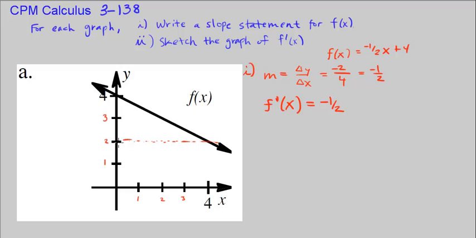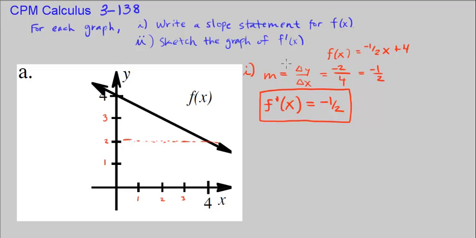It's basically y equals mx plus b. The y-intercept is here at 4. It's going down 1 over 2, down 1 over 2, down 1 over 2. So this is f of x. So f prime of x is going to be using the power rule. This is going to become 0. This one just becomes -1/2. Okay? So this is part I.